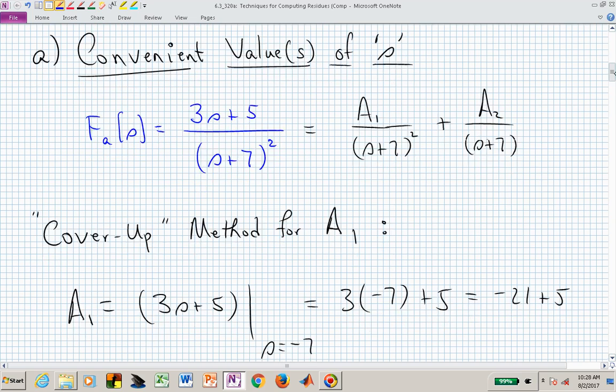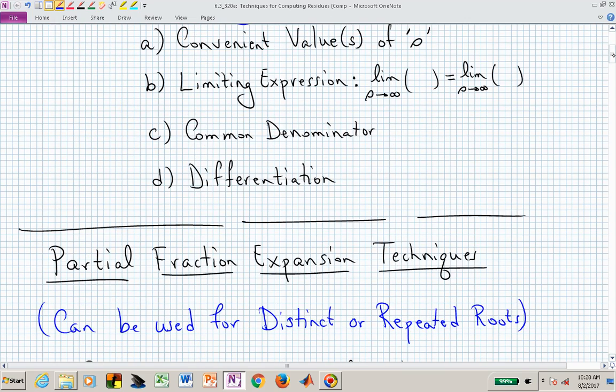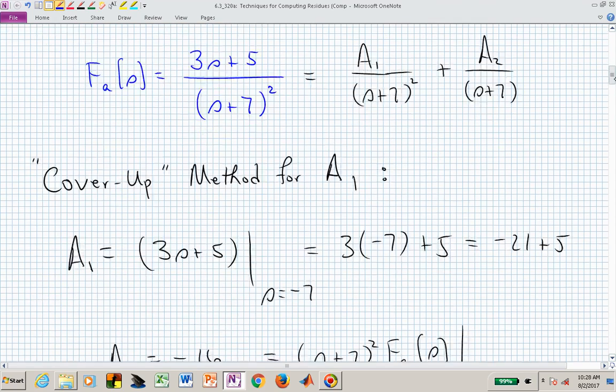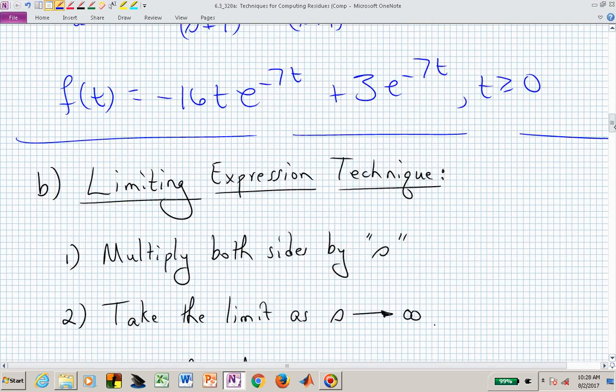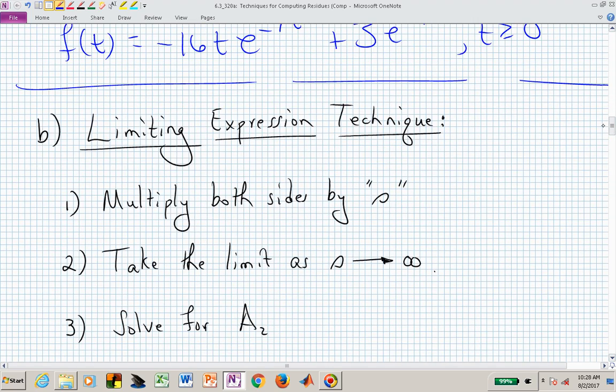Let's now look at the second approach, which is a limiting expression. And here I'm just sort of illustrating that by limit of some quantity as s goes to infinity. Let's see what that technique looks like. Here are the steps involved in using this limiting expression technique.